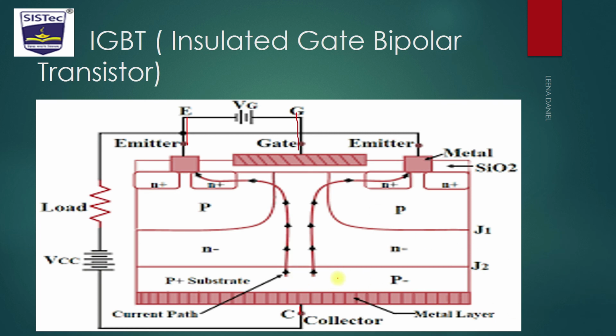This P layer is called the body of the IGBT. It injects holes into the N- layer because holes are its majority carrier. So sometimes this P substrate is called the injection layer.